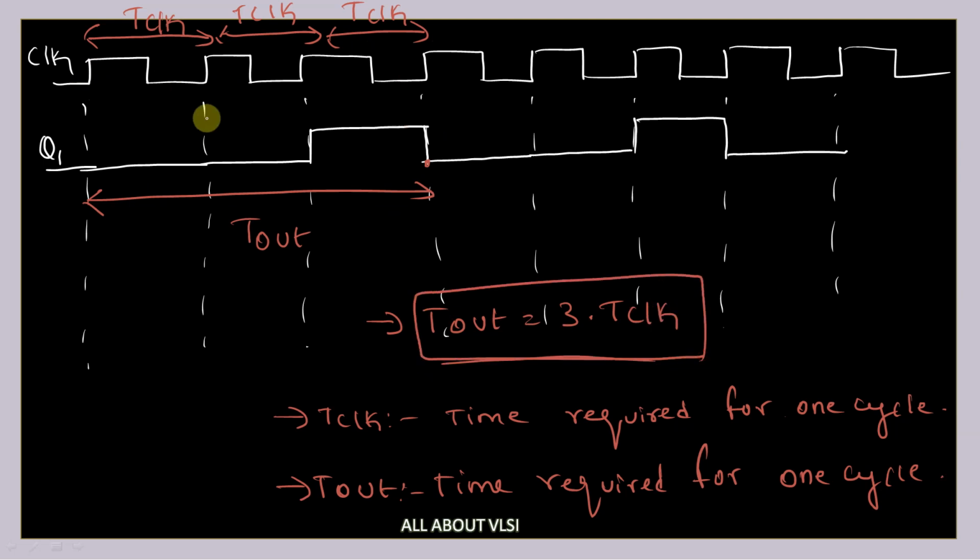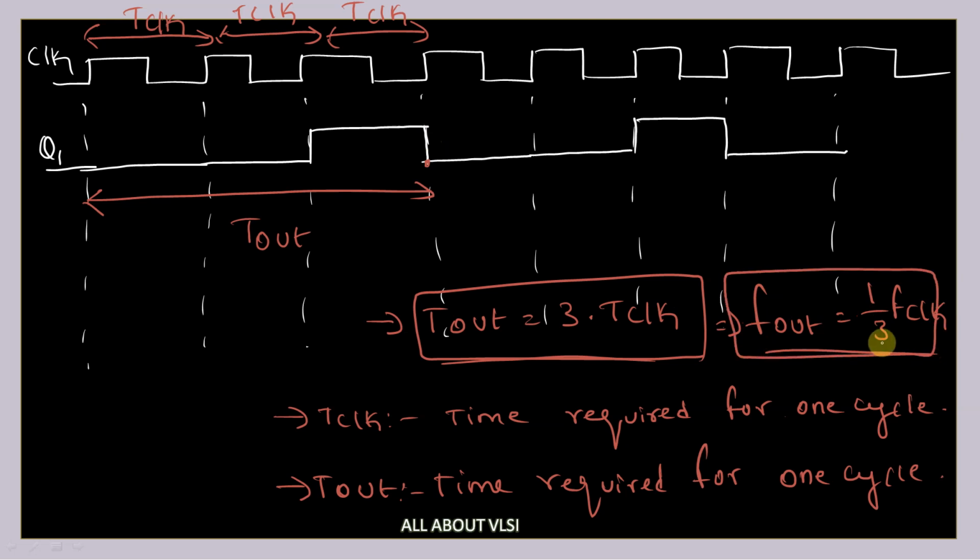If I convert this into frequency, then my output frequency is nothing but 1 by 3 times the frequency of clock. Is it clear? So that's why we are saying it is a clock frequency by 3 circuit.